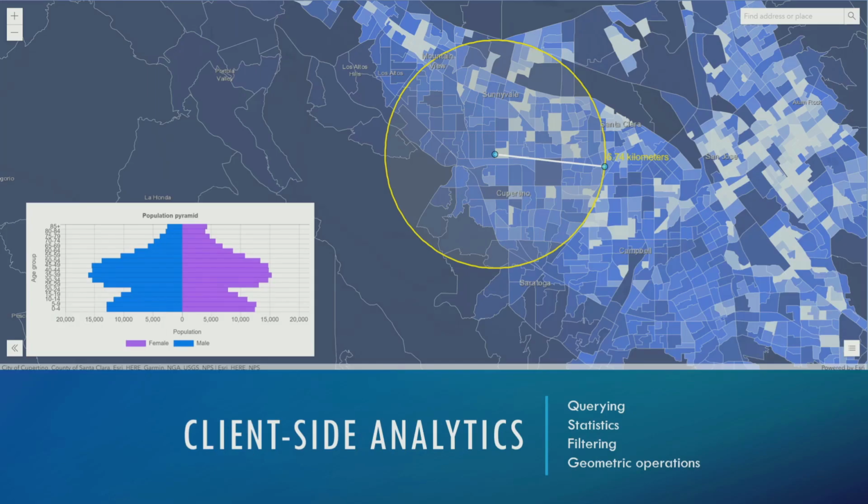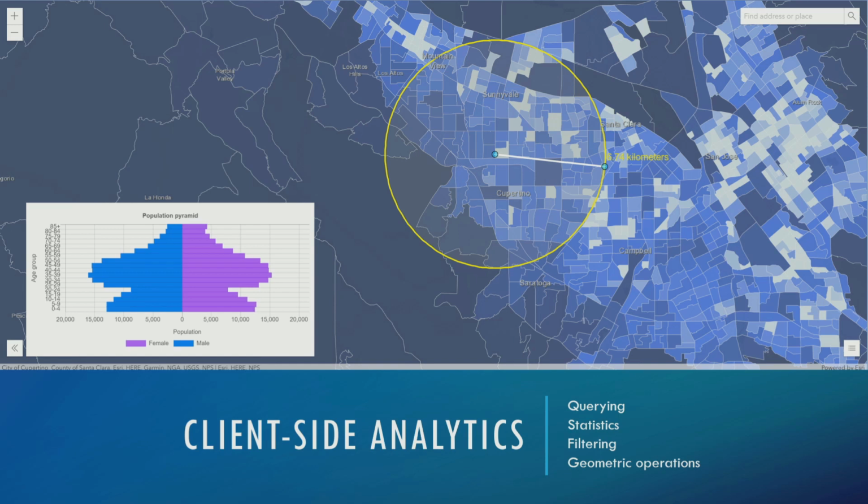So now that you have this data on the client, it wouldn't really help if all you could do is just show it, and then you had to go to the server to perform any sort of analytics, because then you're sending things back and forth. So another area of focus for the team has been building a lot of that smarts directly into the API, so you don't have to go to the server to perform something.